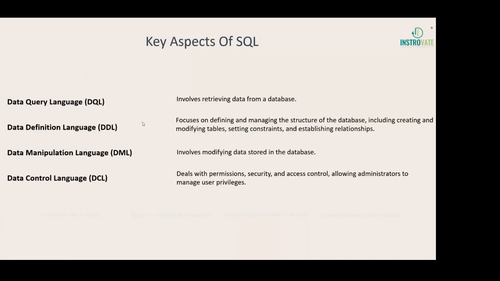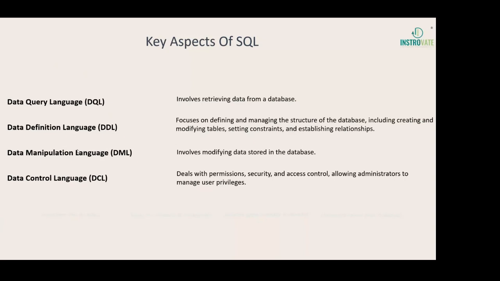And if we want to know what DDL does, it focuses on defining and managing the structure of the database, and it can include creating and modifying tables, setting constraints, and establishing the relationships. Okay, now data manipulation language, what it does: it involves modifying the data which is stored in the database.